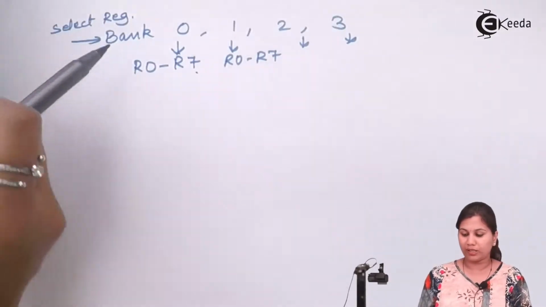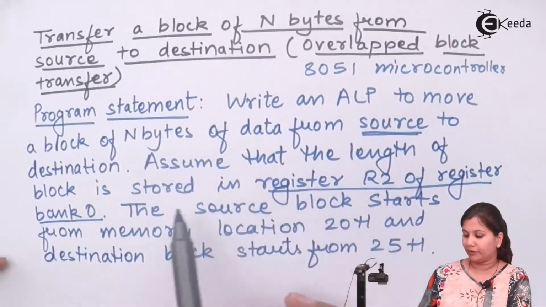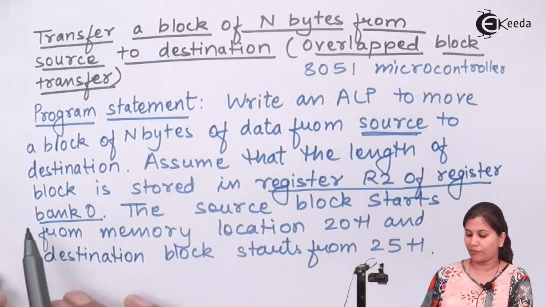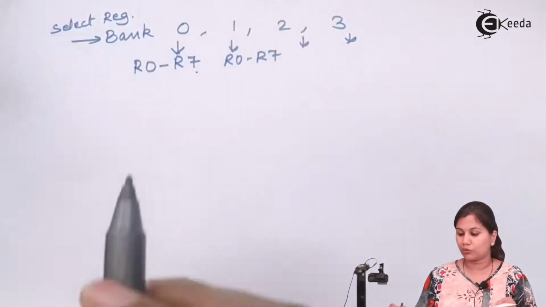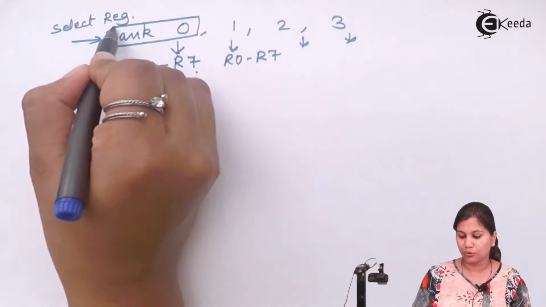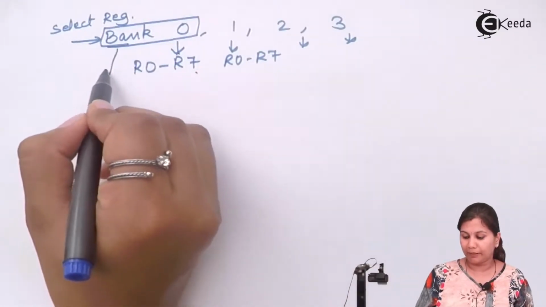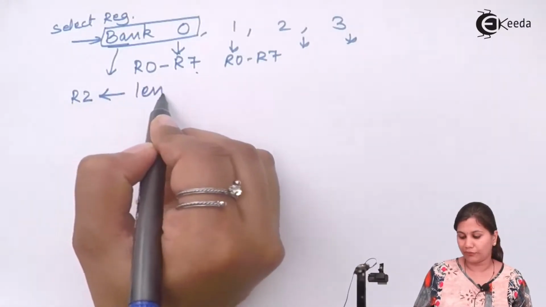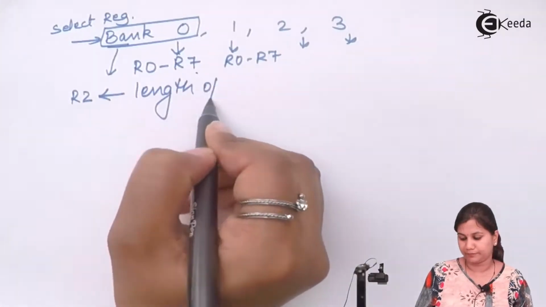Now it is given to us in the question that the length of that block is stored in register R2 of register bank 0. So we have to select bank 0, and then register R2 of that bank 0 is storing the length of the source.